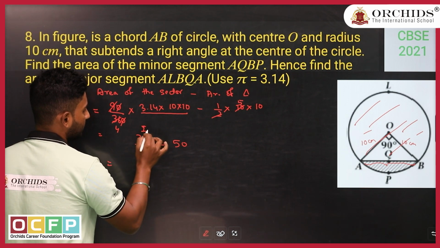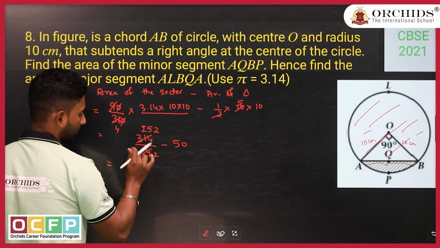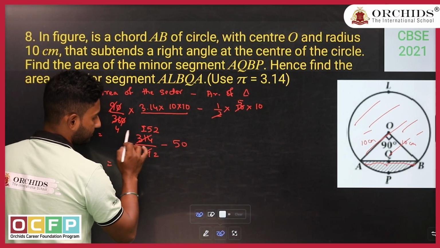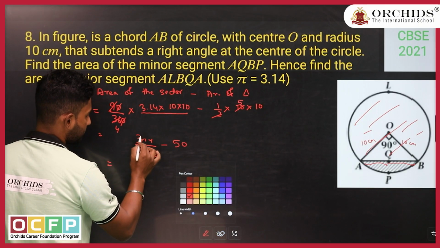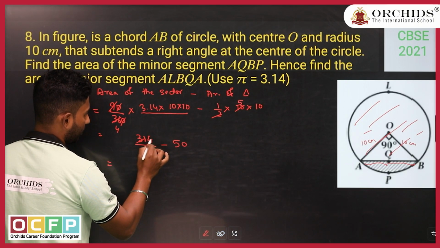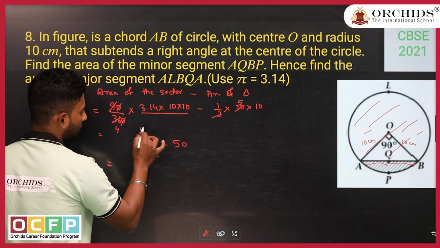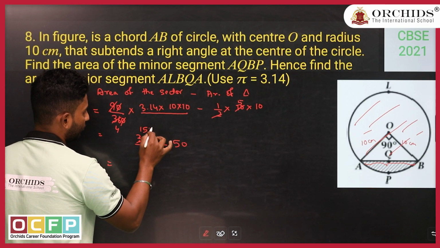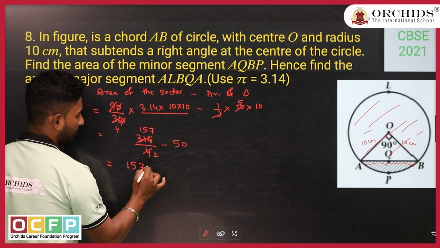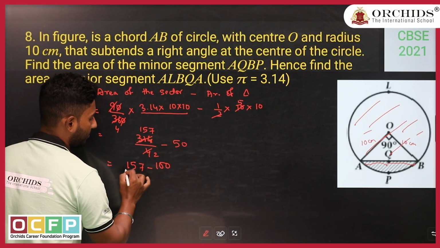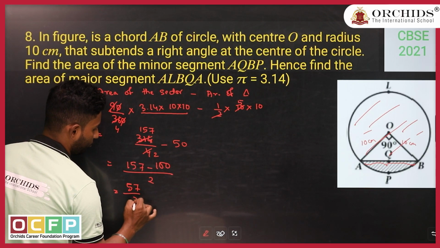So we have 314. When we cancel it out, we have 157 minus 100 by 2, which is equal to 57 by 2.